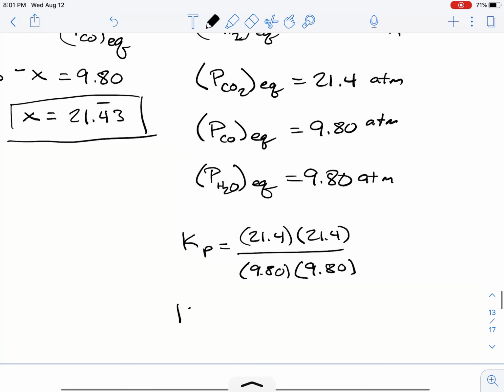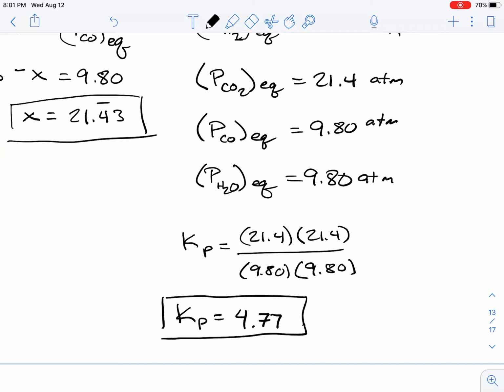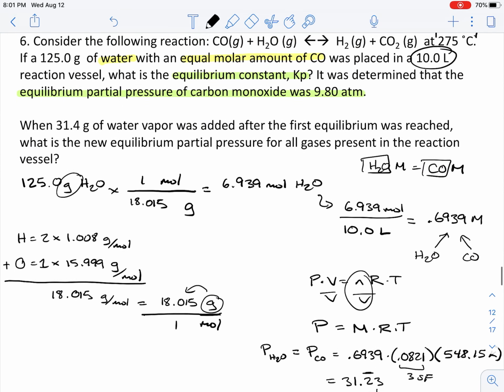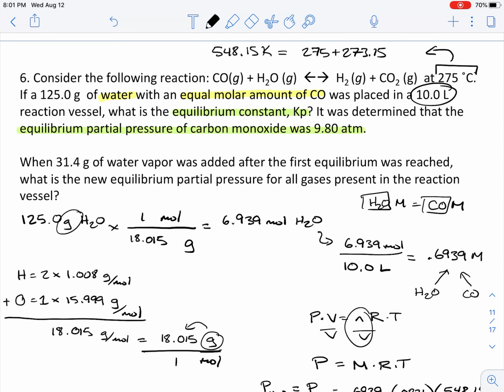Okay. So let's go ahead and plug that in. And so my Kp value is going to be 4.77. All right. So that's pretty much it for part A of number 6.